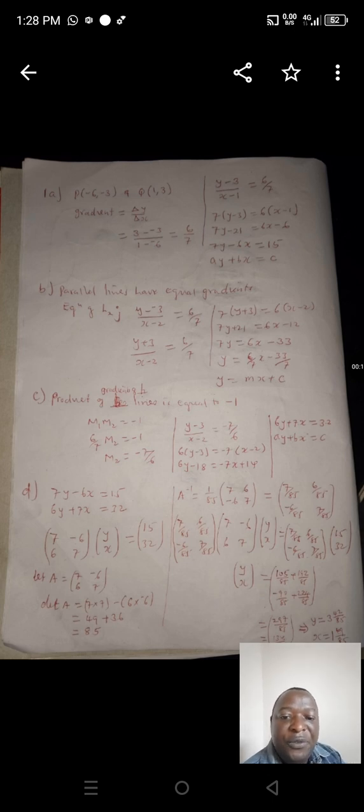Now if you simplify on the left hand side, it gives us y, x. Then if you simplify on the right hand side, it gives us y is equal to 3 and 42 over 85, and x gives us 1 and 49 over 85.